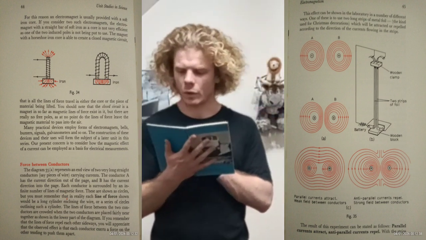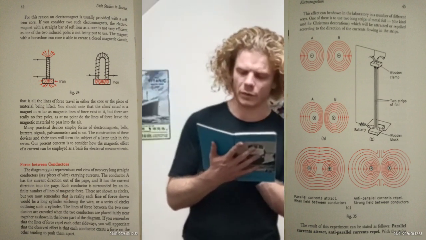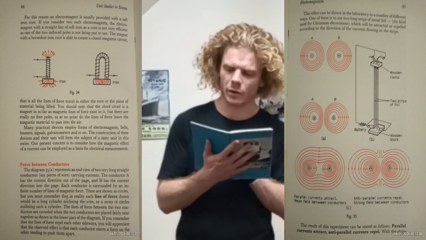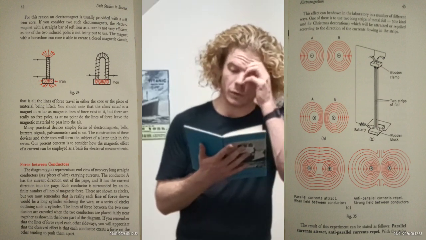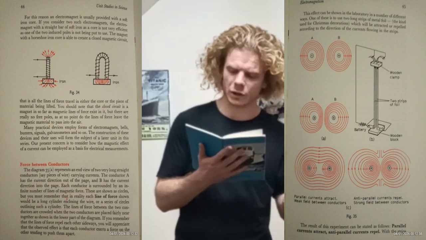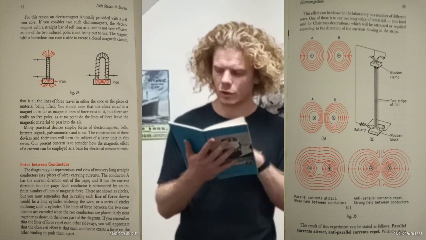This effect can be shown in the laboratory in a number of different ways. One of these is to use two long strips of metal foil, the kind used for Christmas decorations, which will be attracted or repelled according to the direction of the currents flowing in the strips.